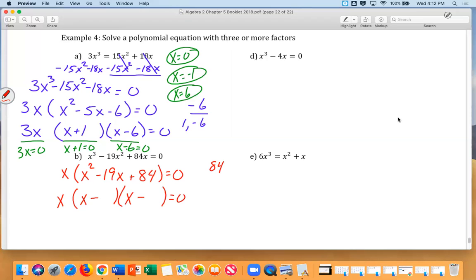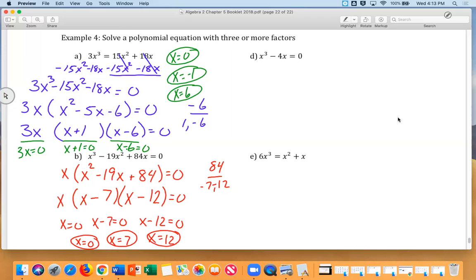The factors of 84 that add up to 19 are 7 and 12. And they're going to be minus, so it's x minus 7 and x minus 12. So we have x equals 0, x minus 7 equals 0, and x minus 12 equals 0. My 3 answers are x equals 0, x equals 7, and x equals 12.